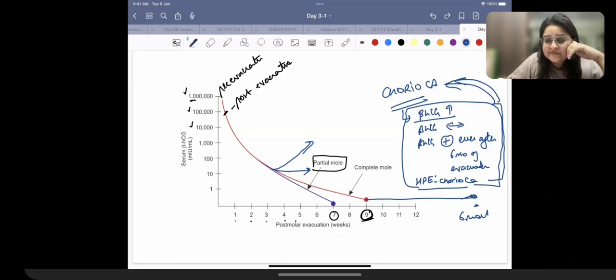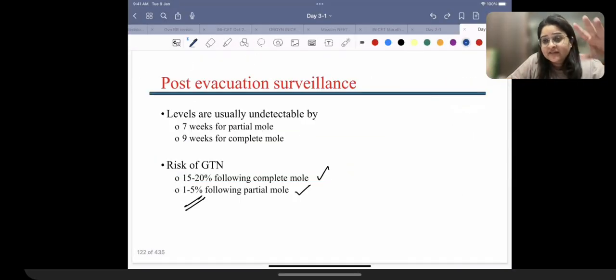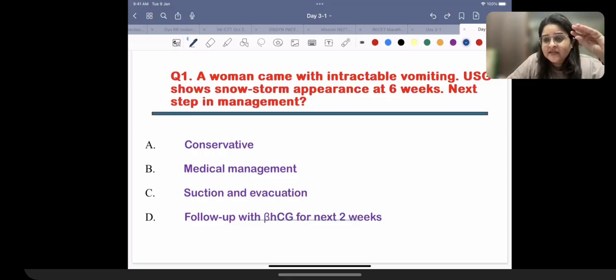The only thing is, it interferes with your beta HCG surveillance, because as he said, the beta HCG has increased. So now you're confused. Is it pregnancy or is it choriocarcinoma? Then you'll do a scan. If you see a gestational sac, you know it is pregnancy. Yes, the ovarian cysts will regress by themselves. The beta HCG will settle down. The ovarian cysts will regress.